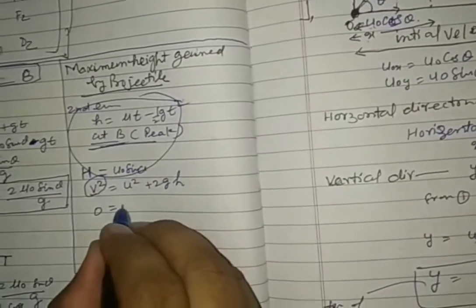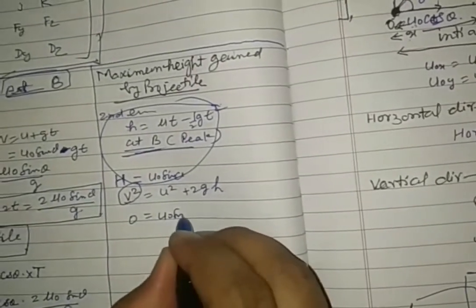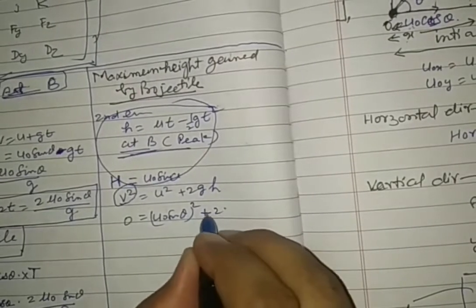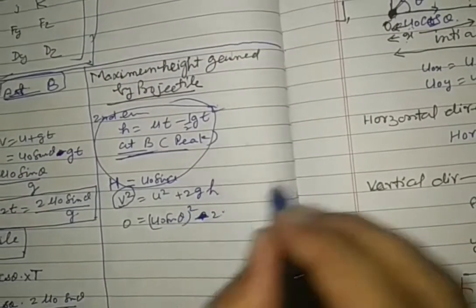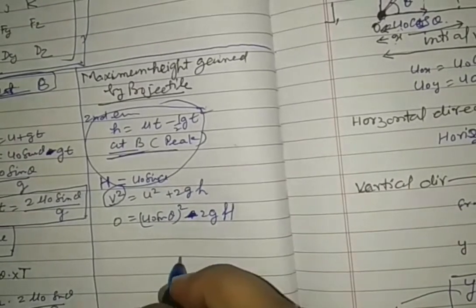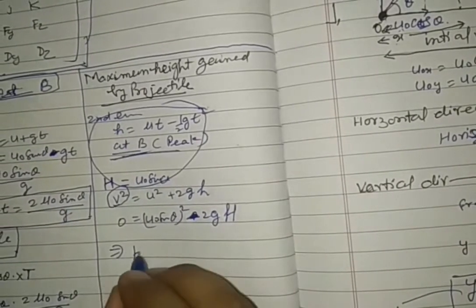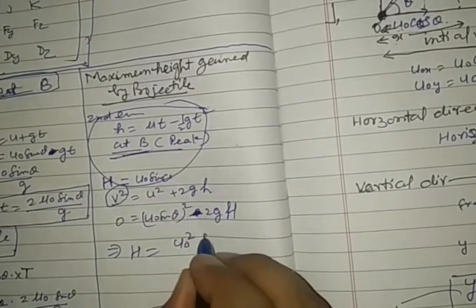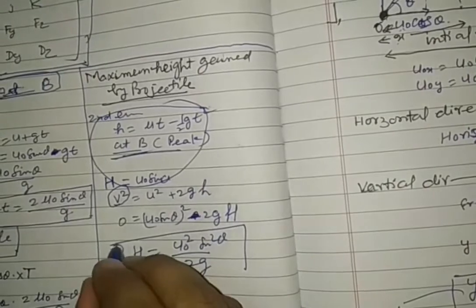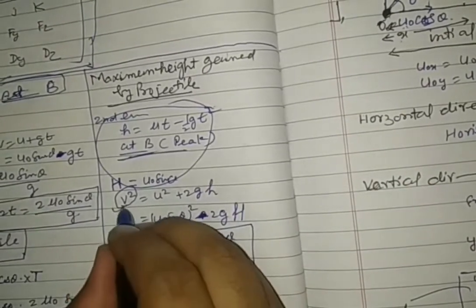So this is 0. u is u naught sin theta whole square, and plus becomes minus here because it is moving upward against gravity, 2g, h is capital H. By this, H is equal to u naught square sin square theta by 2g. It's easily obtained by using the third equation.